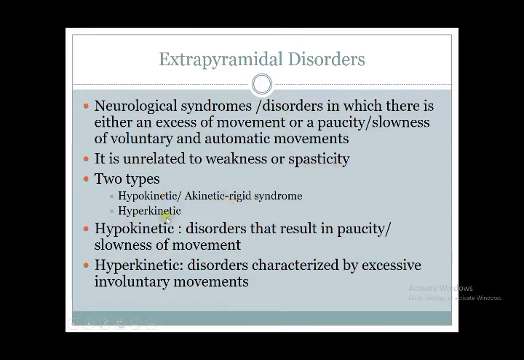There are two types: hypokinetic, or akinetic-rigid syndrome, and hyperkinetic. Hypokinetic disorders result in paucity and slowness of movement, while hyperkinetic disorders are characterized by excessive involuntary movements.